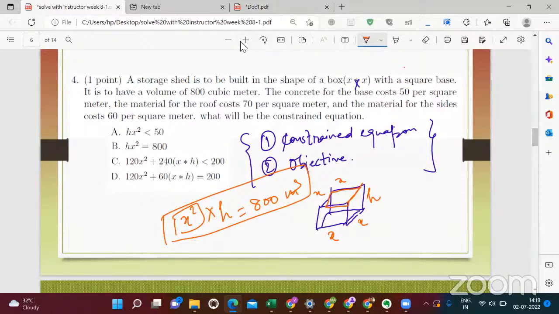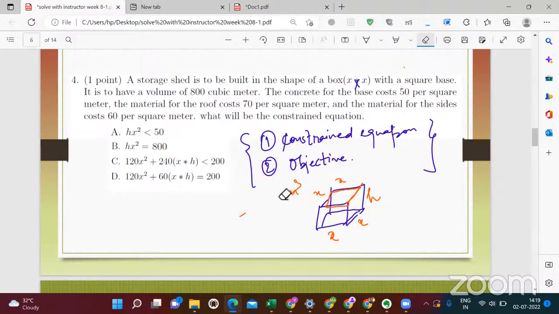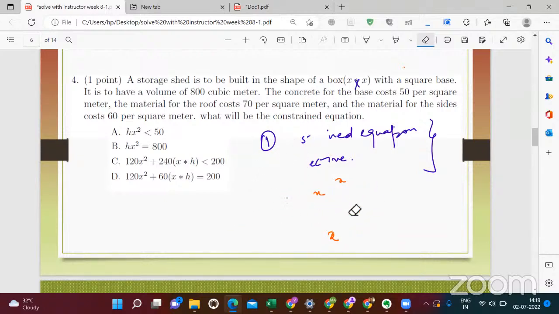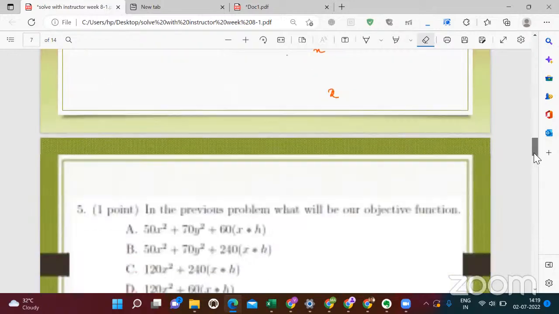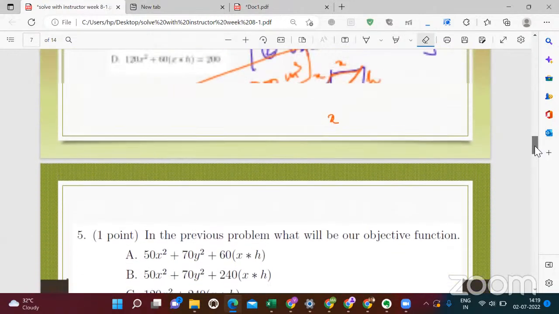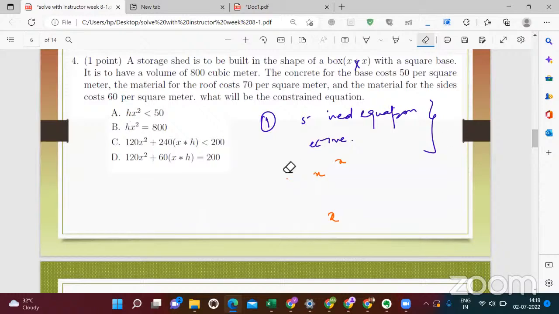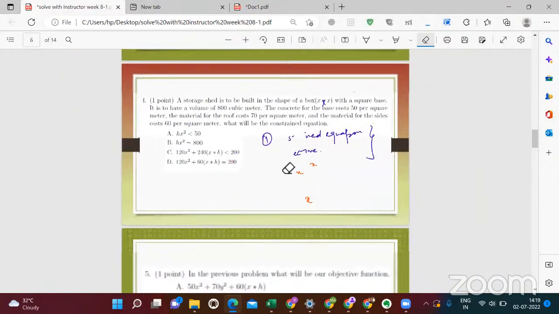How to write the constraint? How will you write the objective of this problem? Minimize the total cost. So these are the options. I don't think we'll be able to see, so I'll just zoom in. You're able to see, right?